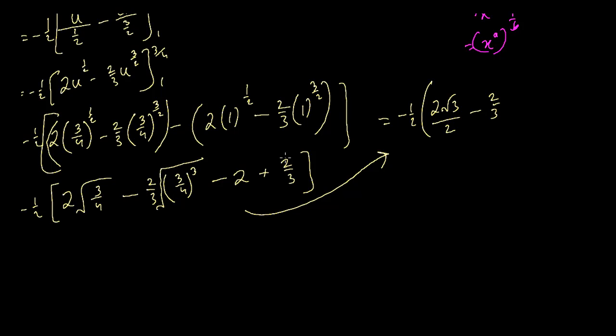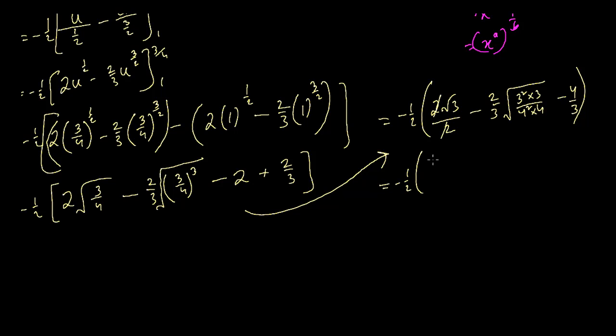So 3 cube means square root of 3 square into 3 divided by 4 square into 4, that means cubed. And 2 by 3 minus 2 is going to be 3 to the 6. 2 minus 6 is minus 4 by 3. Minus 4 by 3.